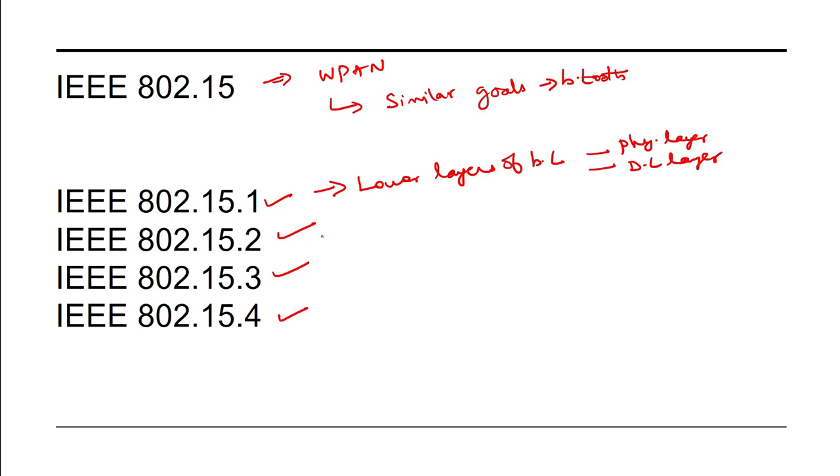Then IEEE 802.15.2 explains the coexistence between the WPAN and WLAN. So the WPAN IEEE standard is IEEE 802.15, and the wireless LAN standard is IEEE 802.11. This has access points, and it will provide frequency hopping.